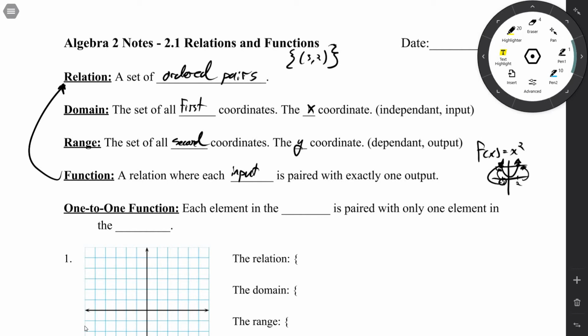What is a one-to-one function? This would be where each element in the domain, so every input, is paired with only one element in the range.